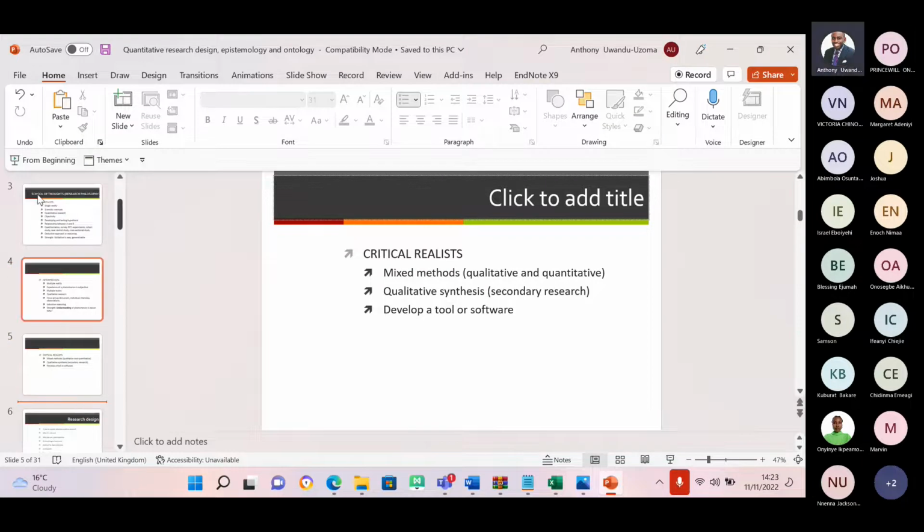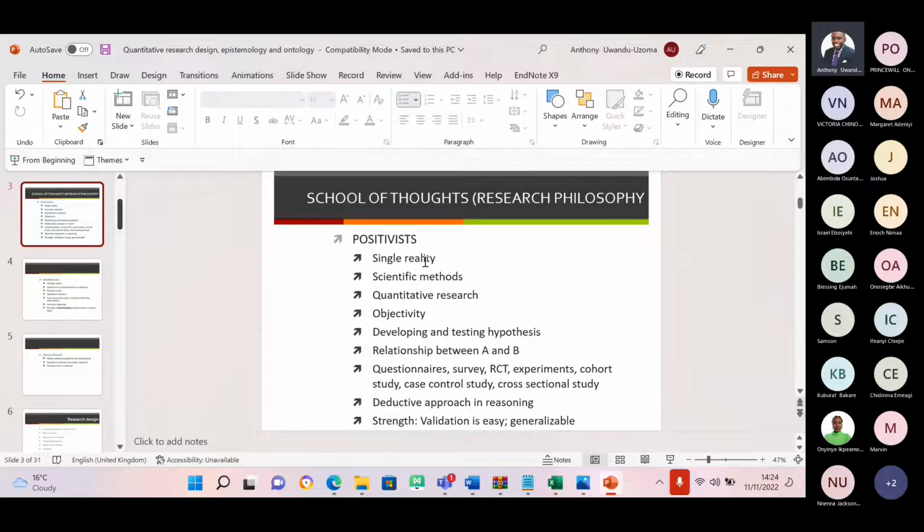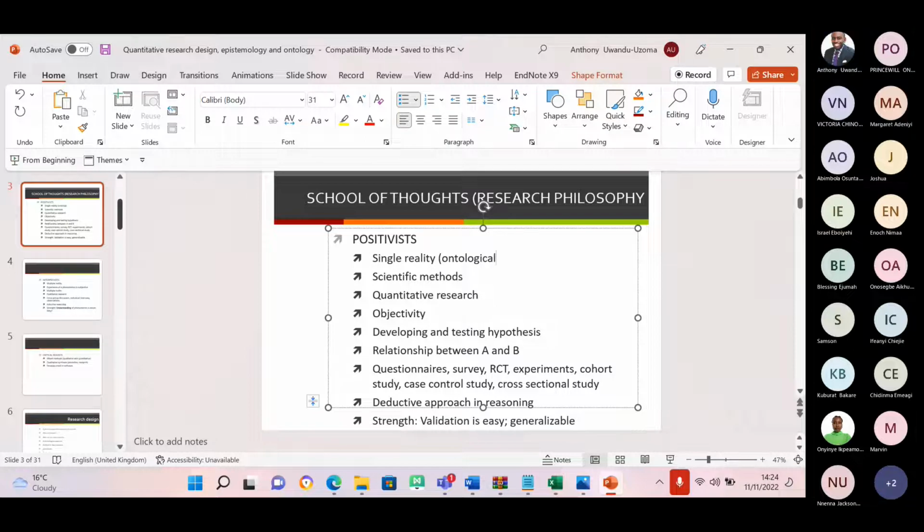Now, if you believe that reality is single, this is your ontological position. Ontology means the way you view the world as a researcher. So positivist ontology, they believe in single reality.